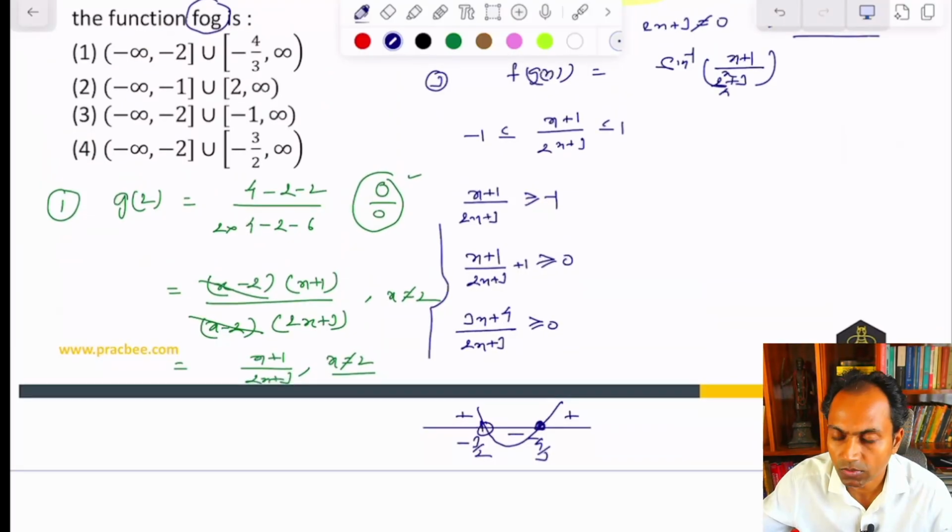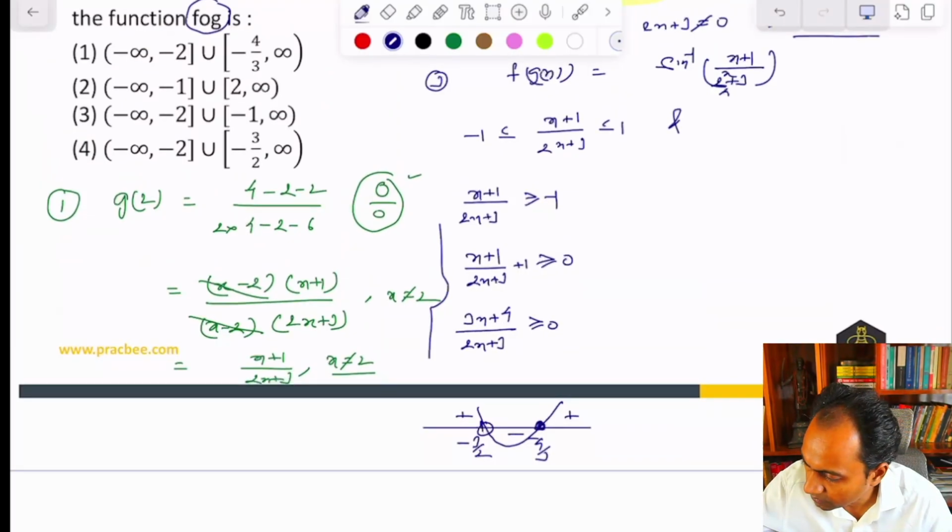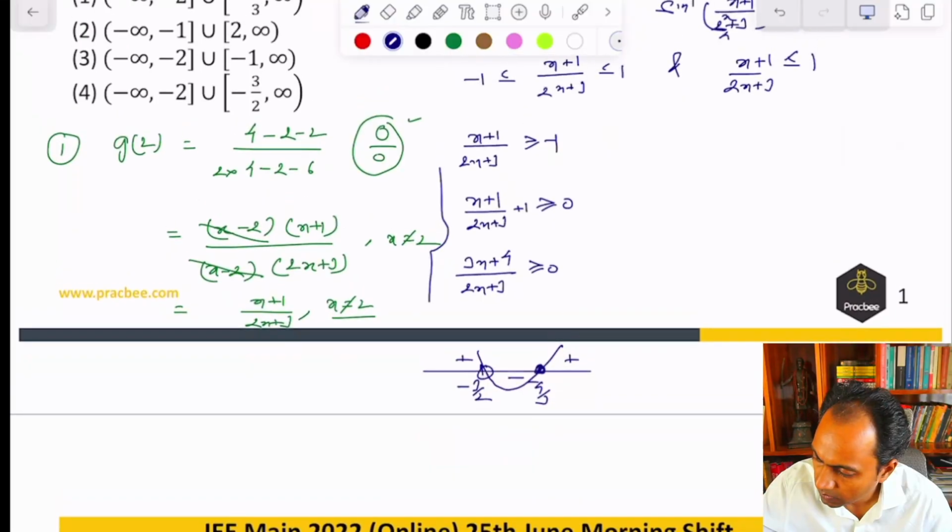Now, this is not the only condition. We have another condition in the form of AND, that (x plus 1) by (2x plus 3) needs to be also smaller than or equal to 1. For solving this, we'll have to bring 1 on the left hand side.